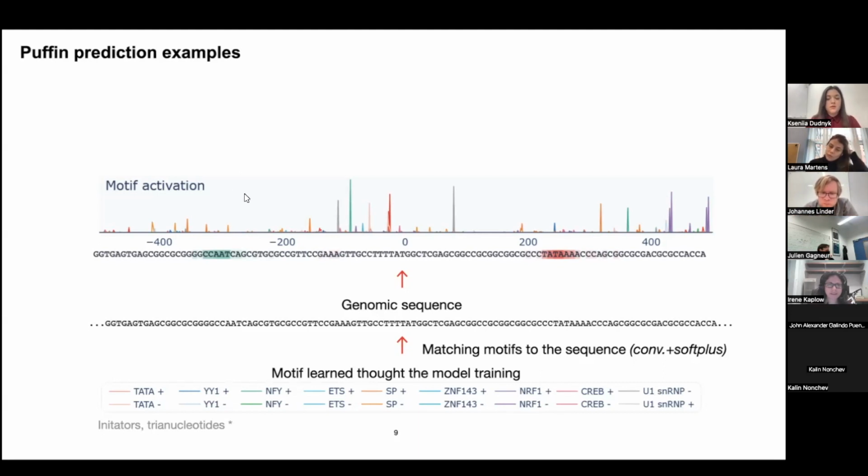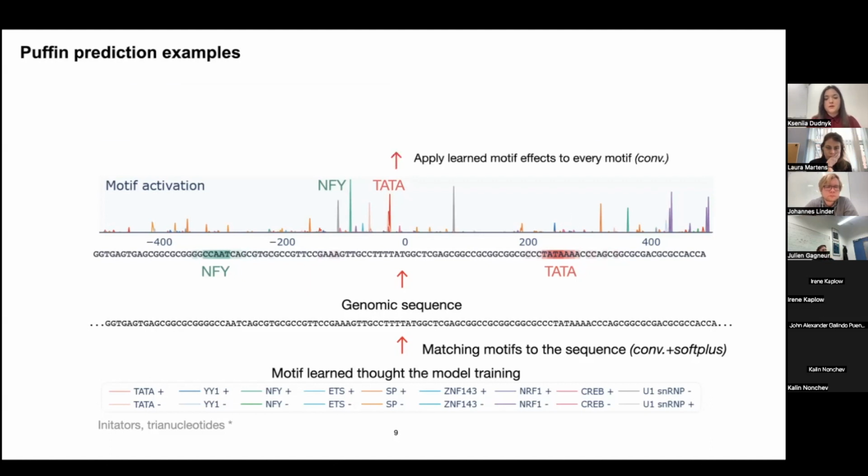The motif activation score is similar to a motif matching score, but motif activation doesn't have negative values because we apply a softplus function. Here, for example, the model found the NFY motif, the GC and CCAAT motifs, and the TATA motif. And the plot shows the activation scores of different motifs that were found in the whole 1000 base pair sequence.